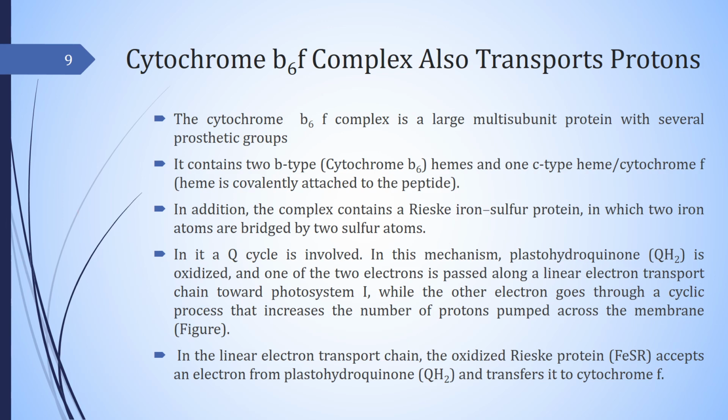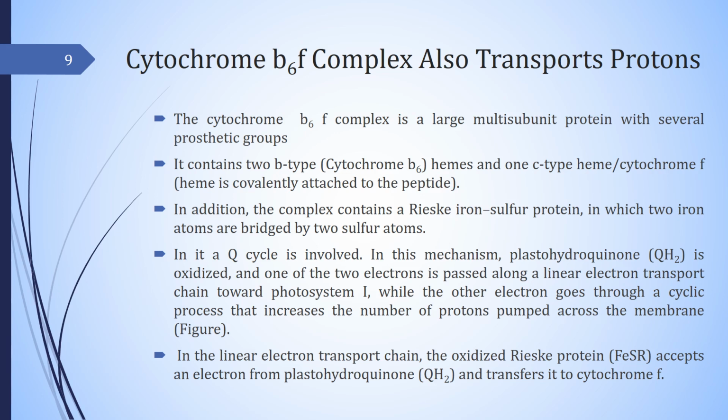It contains 2 B-type hemes, also known as cytochrome B6 heme, and 1 C-type heme, also known as cytochrome F. In C-type cytochromes, the heme is covalently attached to the peptide, but in B-type cytochrome, a chemically similar protoheme group is present, but it is not covalently attached. In addition, the complex contains a Rieske iron-sulfur protein, named for the scientist who first discovered it, in which the 2 iron atoms are bridged by 2 sulfur atoms.